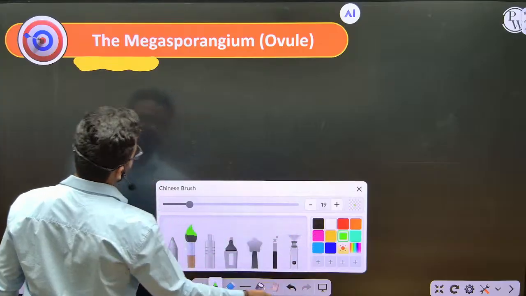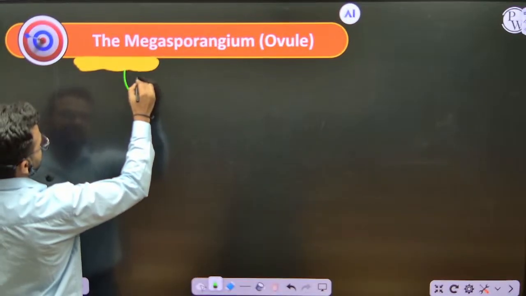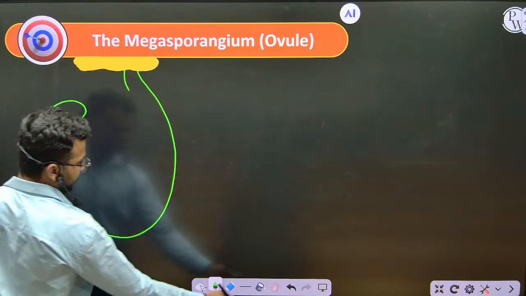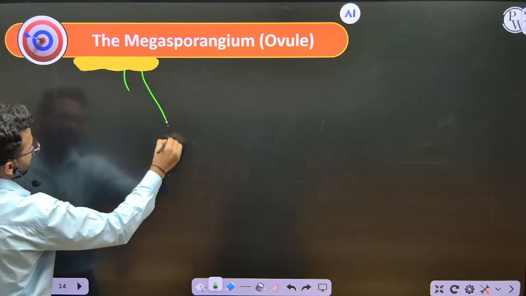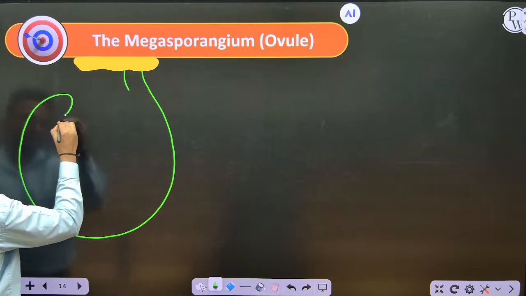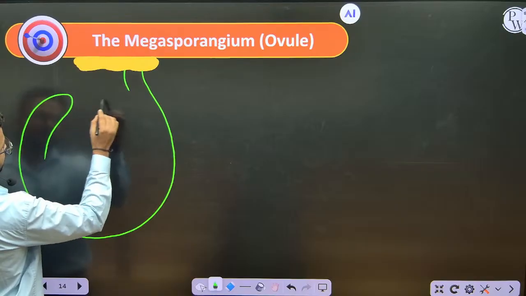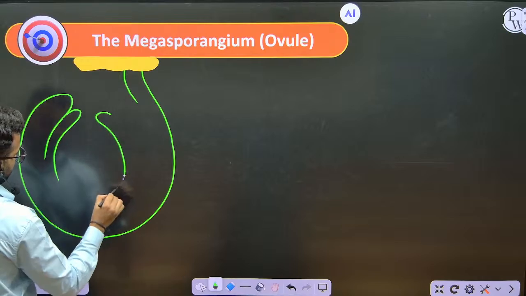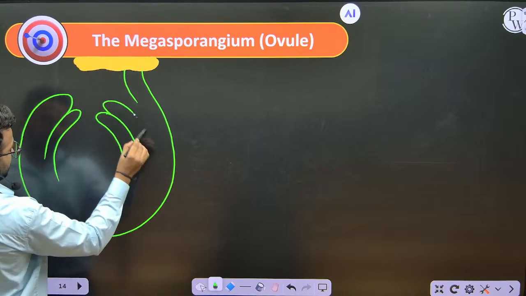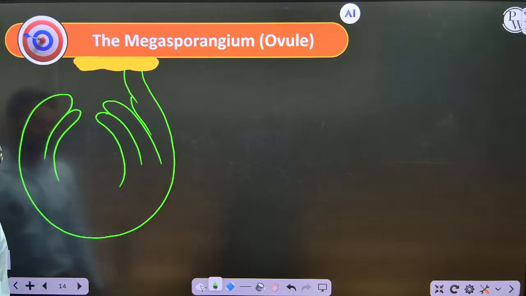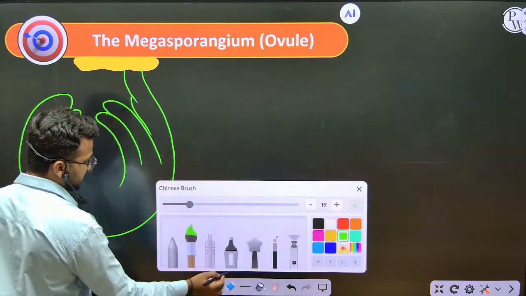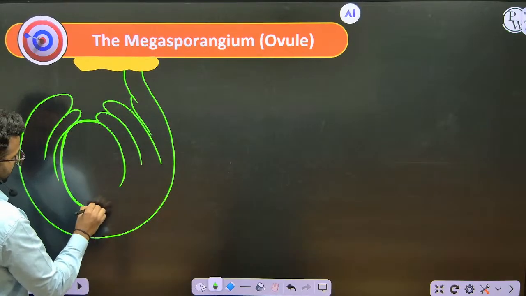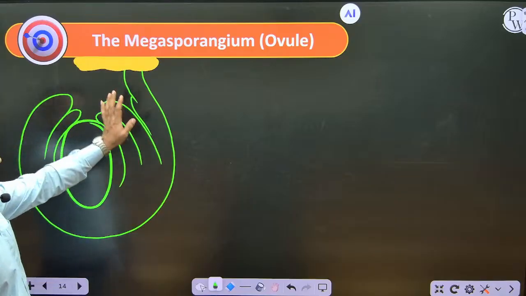From the placenta there will be an elongated structure, so that the ovule is seen there. This is the ovule which is attached, and inside of this we will be seeing the embryo sac. So this is the complete structure of the ovule.